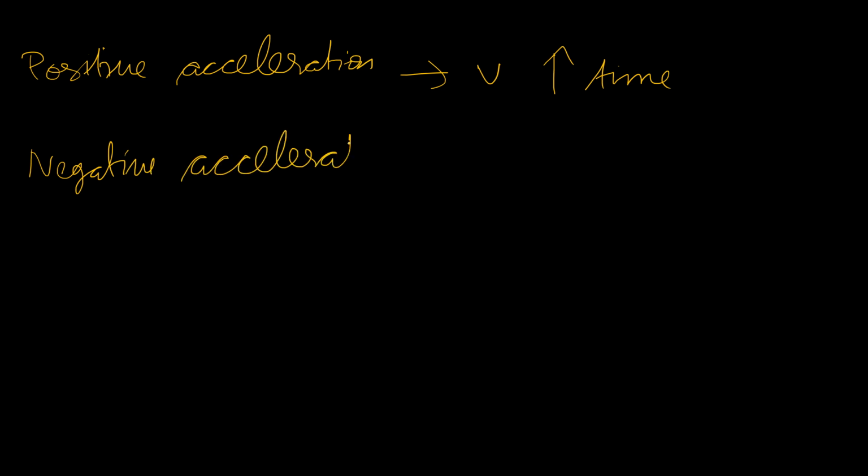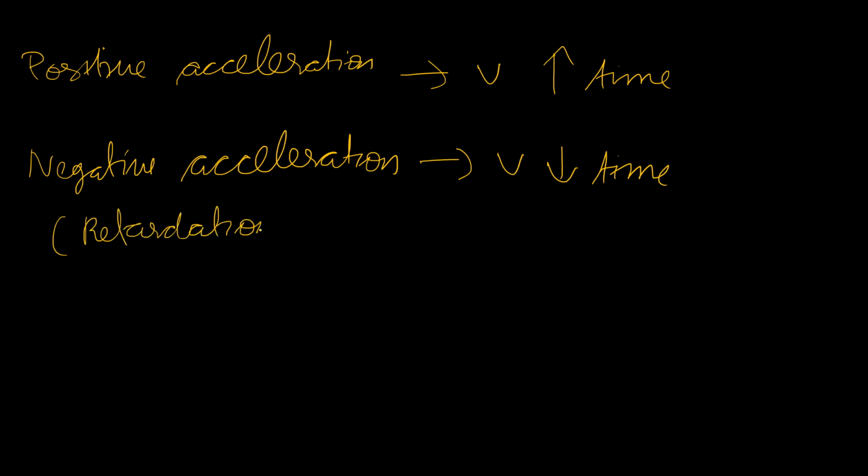Negative acceleration means velocity is decreasing with time. Negative acceleration is also called retardation. All these terms you must know, because in the upcoming chapters they are used. We won't be saying negative acceleration, we will be saying retardation. So when we say retardation, it means negative acceleration. That's why I'm explaining it right here.